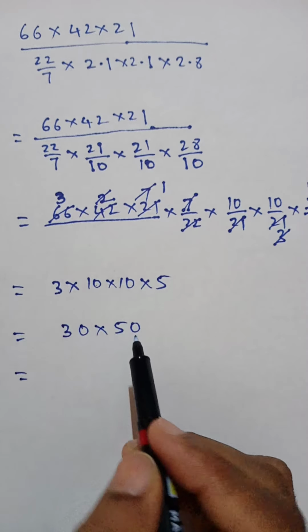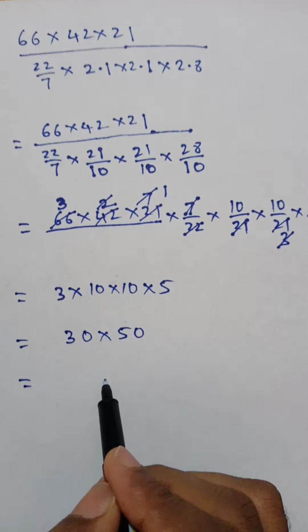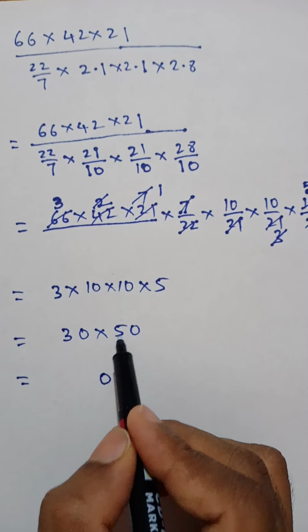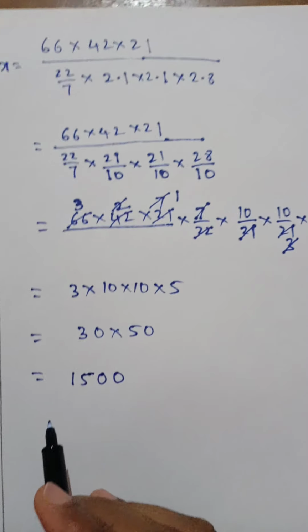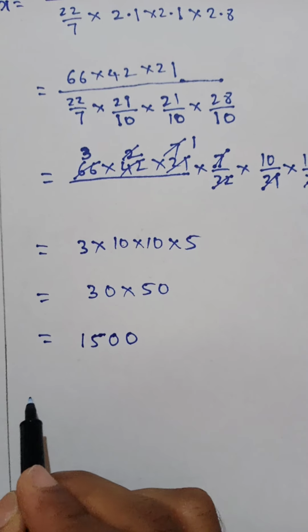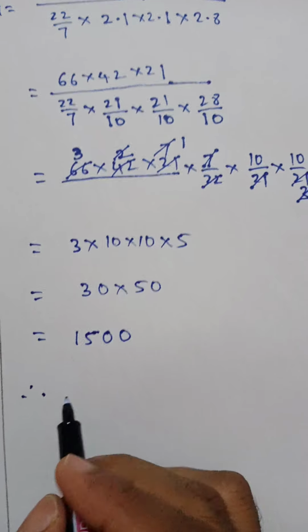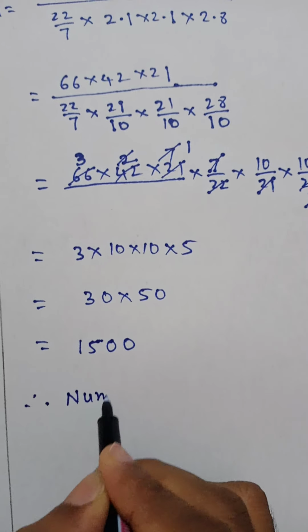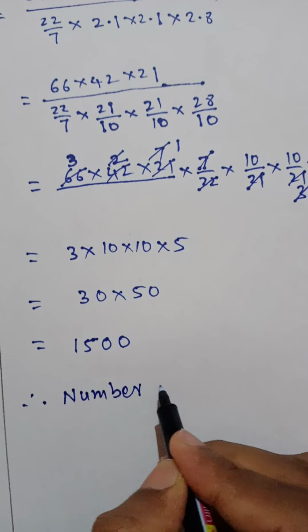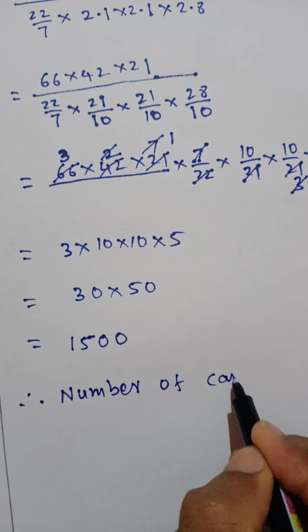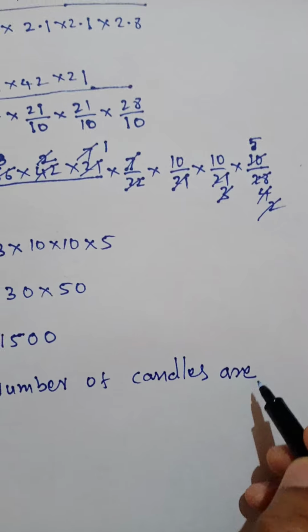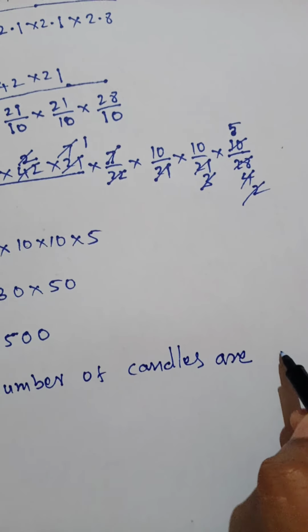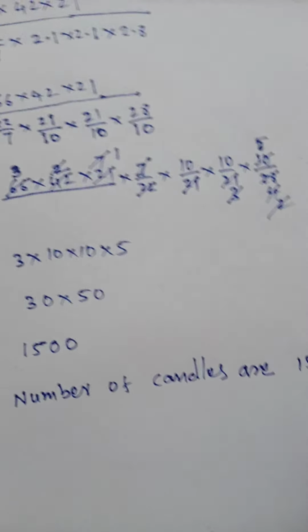Here multiply with 0 means we get 0 only. Now 5 zeros are 0, 5 threes are 15. You write it here. Therefore, the number of candles are 1500 we have to prepare.